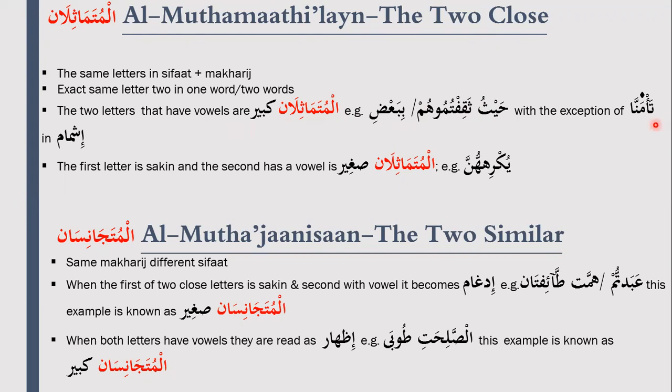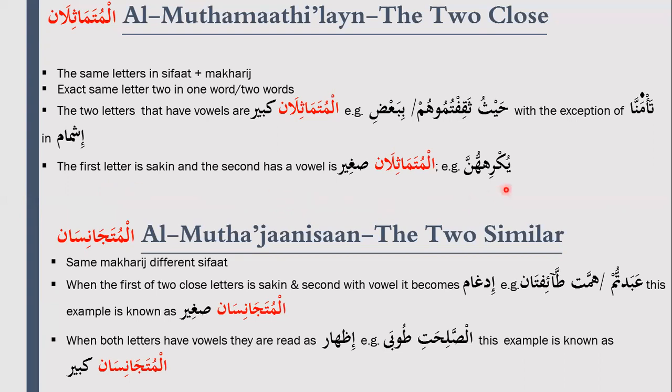There is an exception of da'wanna, but that comes under the rule of ishmal, which I have a separate video uploaded for, which you are welcome to go and watch. In this category of mutamathilan, we have the first letter which is sakin, and the second letter which has a vowel.